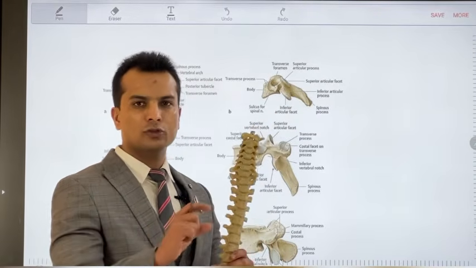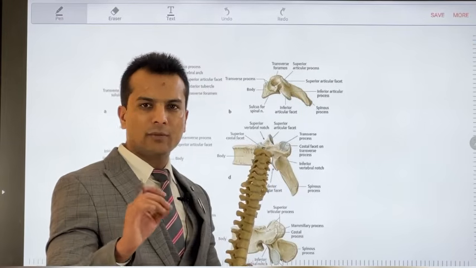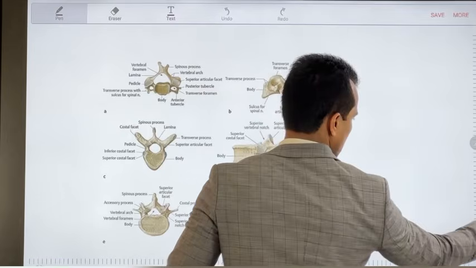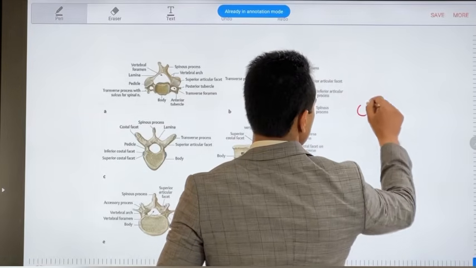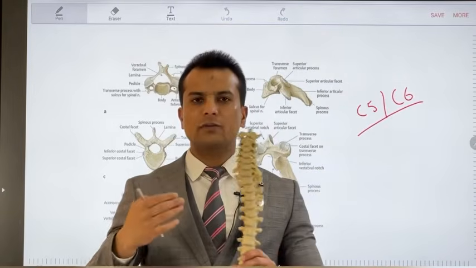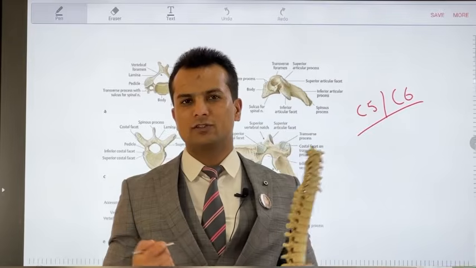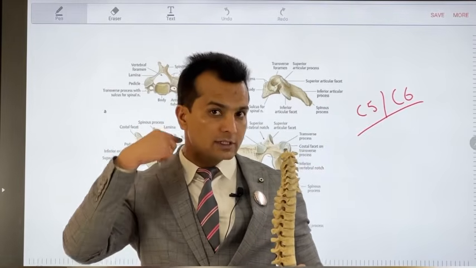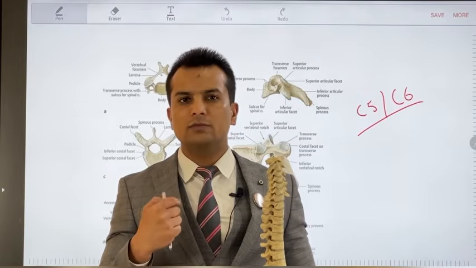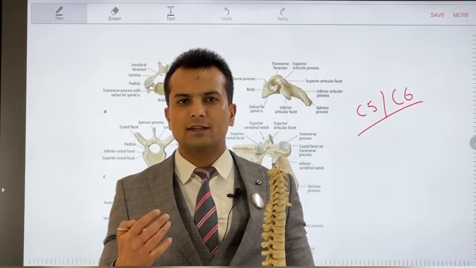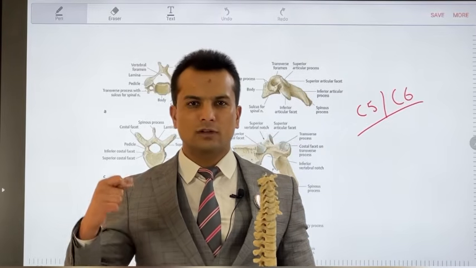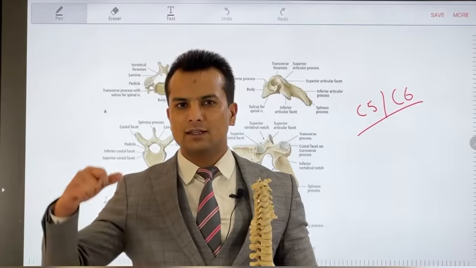But in the cervical portion, remember the disc which is commonly degenerated or swollen is the disc of C5 and C6. From this portion, C5, C6, your brachial plexus is going to originate. So anyone having disc herniation at C5, C6, it is going to press on the trunks of the brachial plexus, and it is going to give you symptoms and signs in the upper limb.